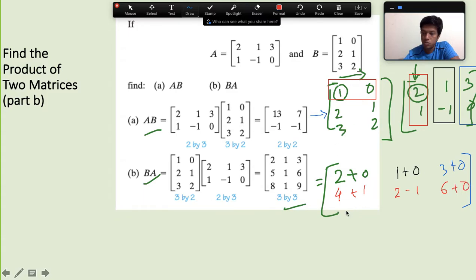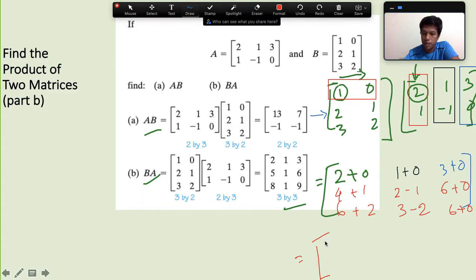Then 3 into 2 means 6. 2 into 2 means 2. 2 into 1 means 2. Then 3 into 1 means 3. 2 into minus 1 means minus 2. 3 into 3 means 6. 2 into 0 means 0. So what do we have here ultimately? Let's write it here.